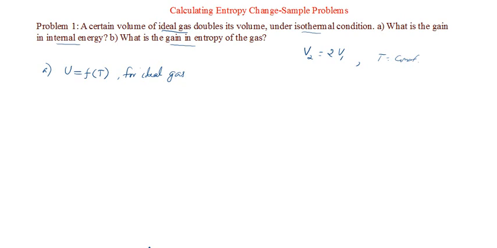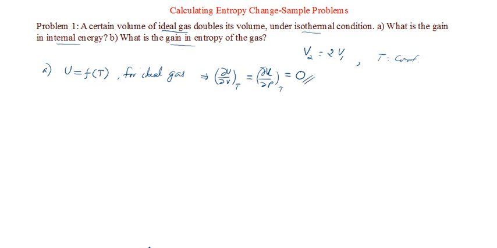U is a function of temperature alone for an ideal gas, or the internal energy of an ideal gas system is independent of the volume, or independent of the pressure. And we concluded that ∂U/∂V at constant temperature is equal to ∂U/∂P at constant temperature. Both of these quantities for an ideal gas system are equal to 0.